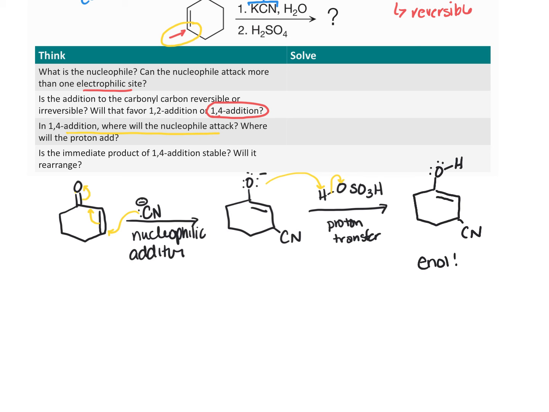Okay, now this is acidic. So we know the next thing that's going to happen is a proton transfer. And what happens here, I've gotten ahead of myself, so it just needs to be OSO3 there.